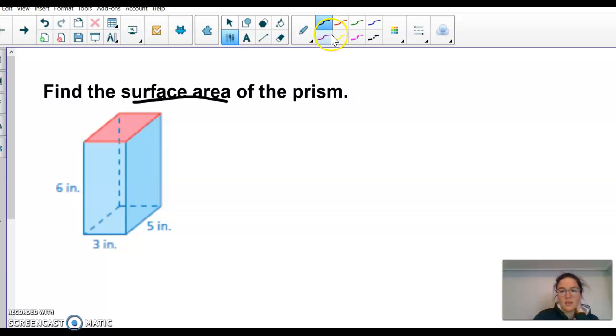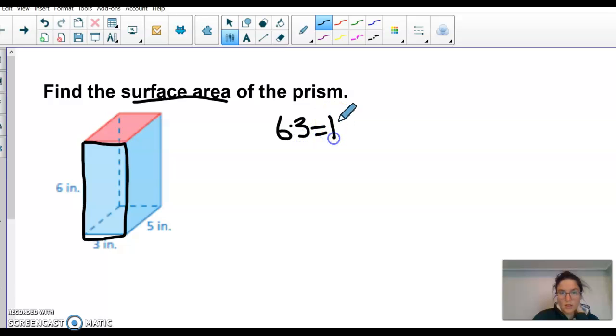Okay, so you want to find the surface area, so you want to find the area of all the surfaces. So you're going to have 6 surface areas that you're going to find. Here's face 1, the front. That's 6 inches times 3 inches. 6 times 3 is 18.